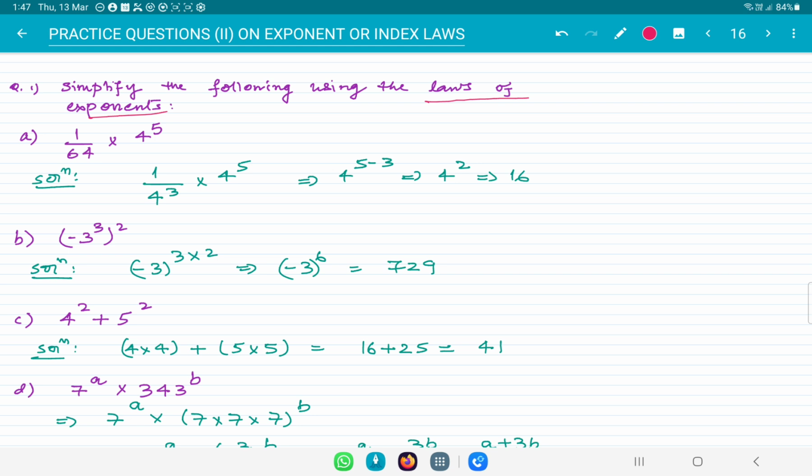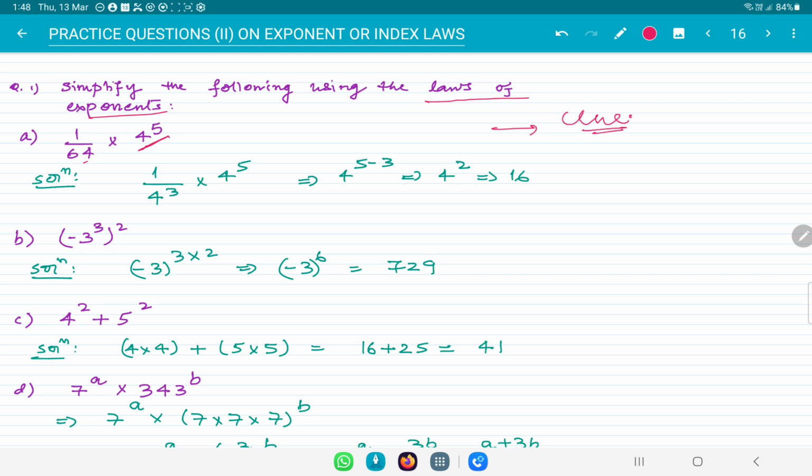So first question is 4 raised to the power 5 in the numerator and 64 in the denominator. See here carefully. Through the question itself, you are having a clue.